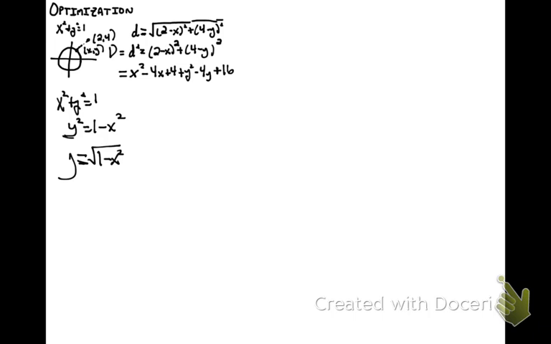So by substitution, with our original equation, we would have x squared minus 4x plus 4. We know that y squared is equal to 1 minus x squared.